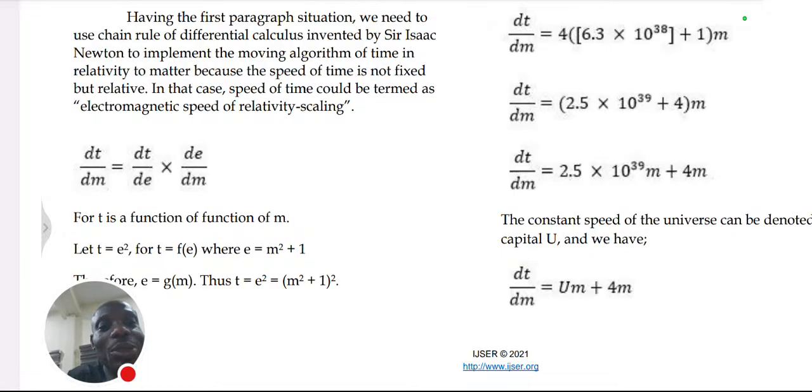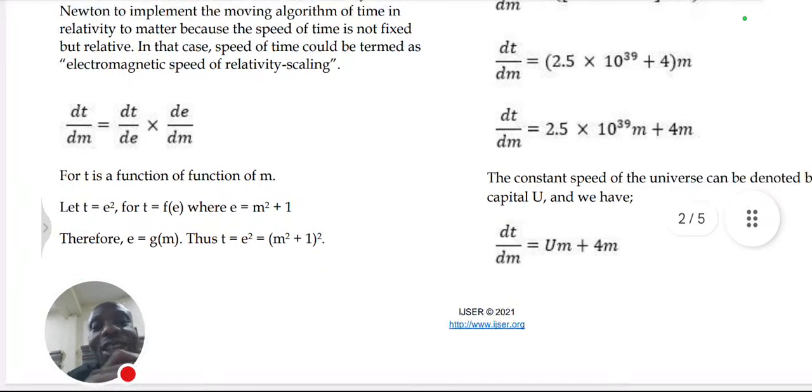In that case, speed of time could be termed as electromagnetic speed of relativity scaling. Can you see how I define time right there? Time is electromagnetic speed of relativity scaling. So by the virtue of relativity scaling, the momentum of time is far higher than the speed of light.